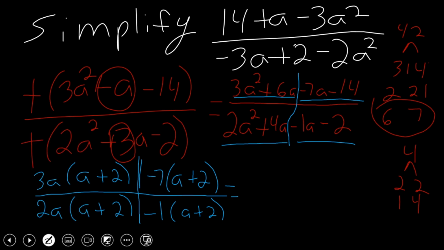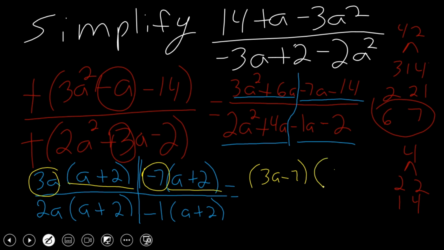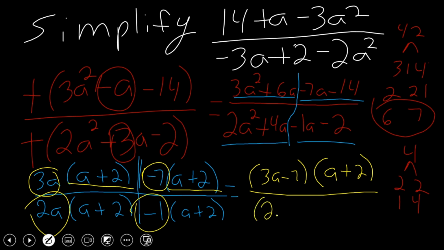All right. So now what we're going to do is combine our outside ones. So we're going to have 3a minus 7, and then this is the same thing as pulling out, or factoring out, a common factor. We're going to do the same thing on the bottom, and then our common factor.